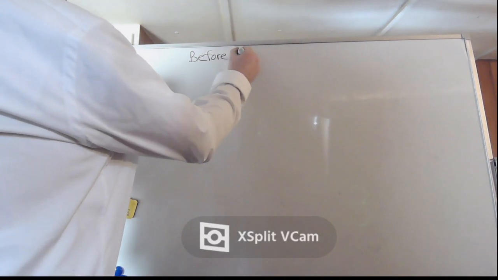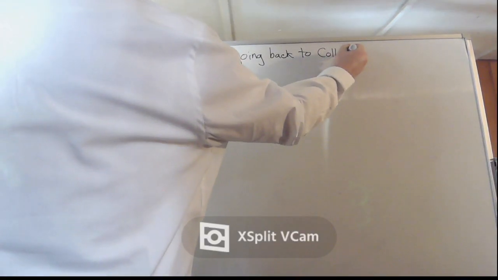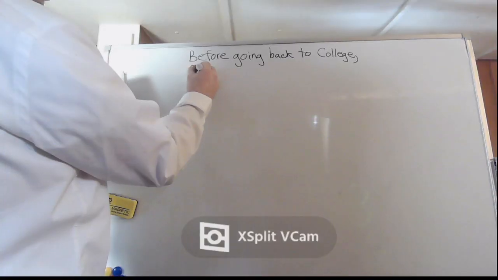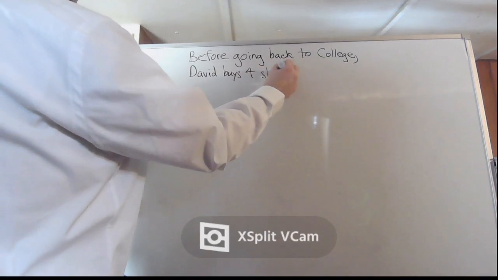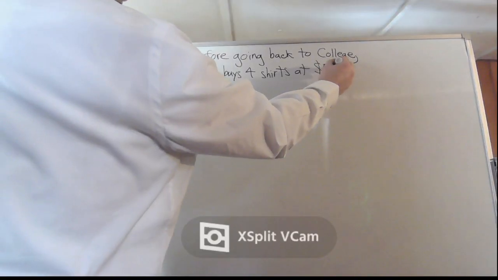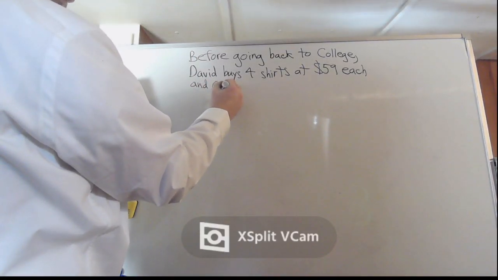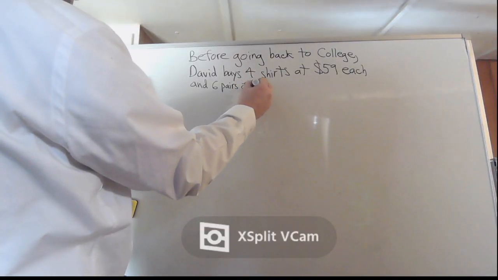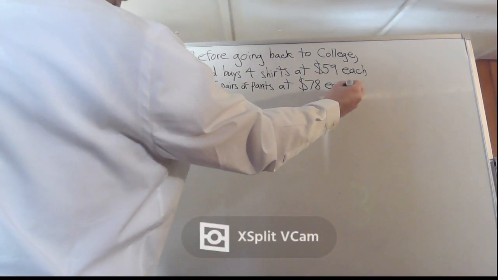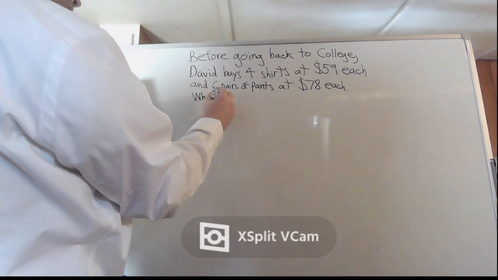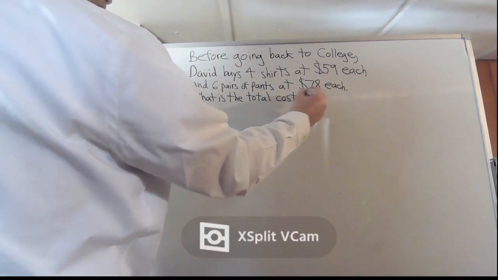Before going back to college, David buys 4 shirts at $59 each, and 6 pairs of pants at $78 each. What is the total cost of his clothing?